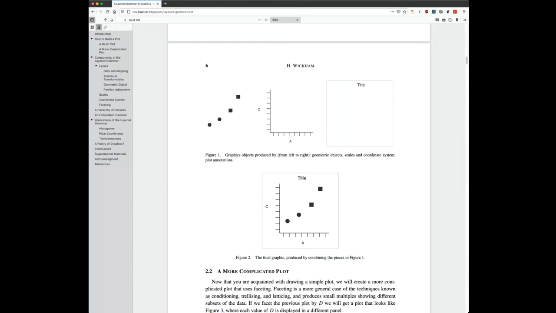So what you see in this breakdown of a plot on the bottom is that he's separated it into three elements. One of them on the left, Wickham calls the geometric object. A geometric object is a shape that describes the data.